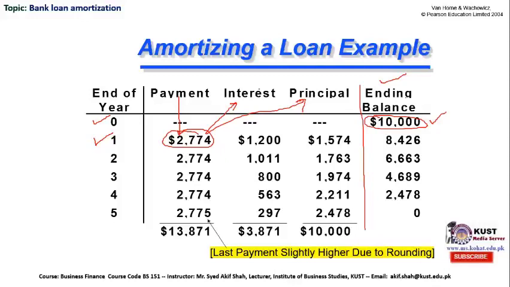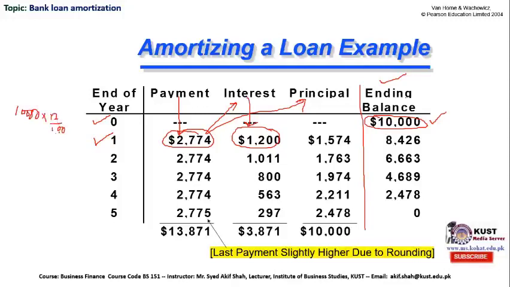You need to understand this second step carefully. How did we calculate this 1200 interest? The simple formula is the remaining balance, which is 10,000 in our case, and the compound annual interest rate the bank was charging, 12%.